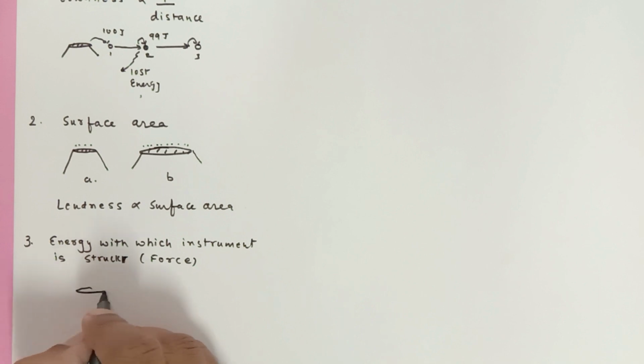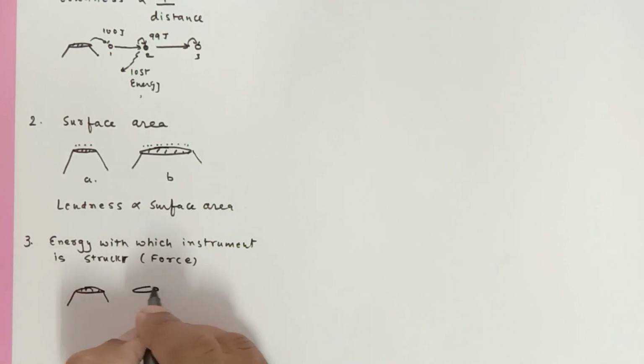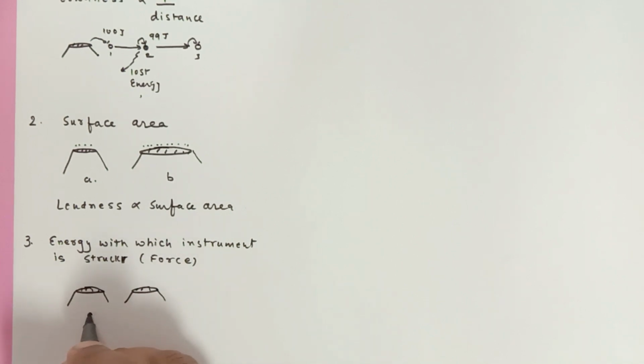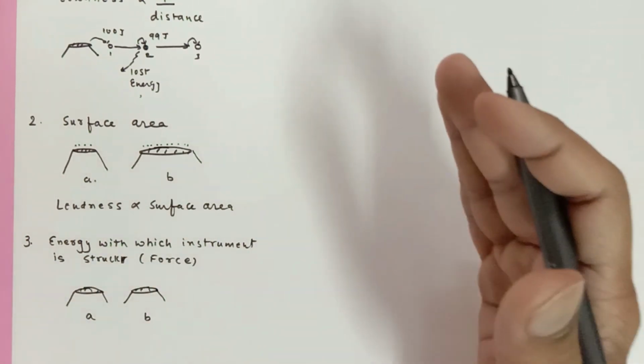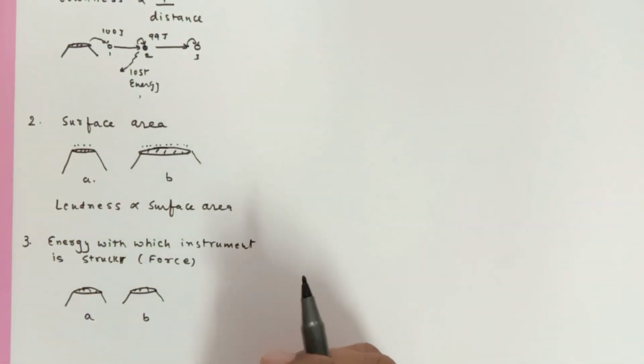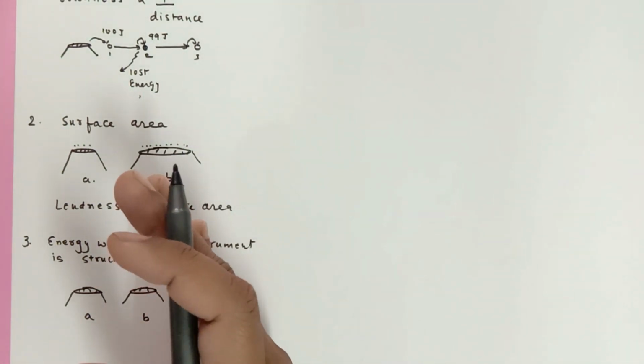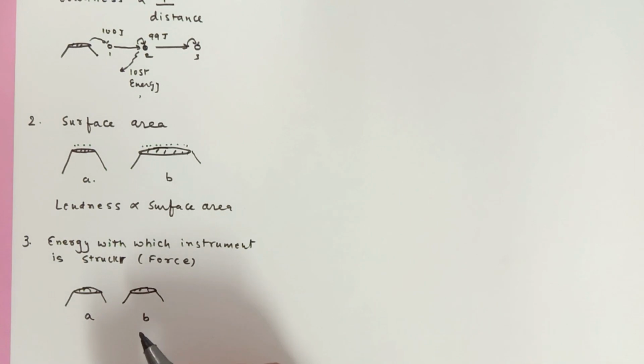So here again we take both the drums. This time I'm going to take both the drums of the same surface area. So both the drums A and B are identical in nature. Now I am exerting a lot of force on drum B. So I am putting a lot of energy in drum B, whereas I am just hitting drum A with a small amount of force.